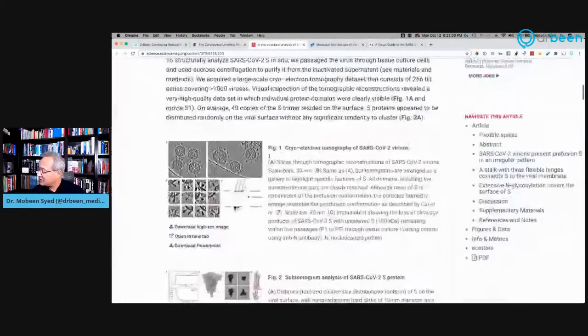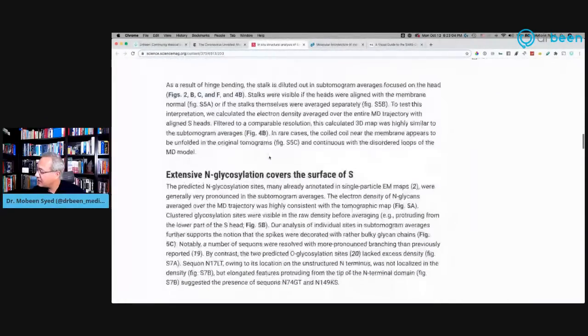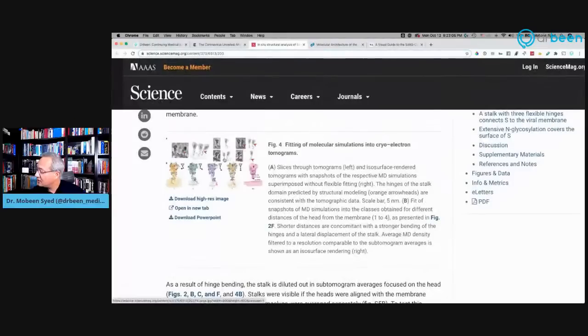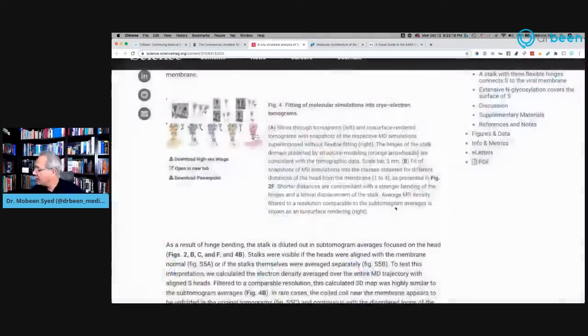One last piece here is the swiveling mechanism of the spike protein. If you see here in this diagram, do you see this? Spike protein swivel mechanisms, and there are 3 hinges in it, and it kind of rotates or swivels around those 3 hinges, and it is finding ACE2s.